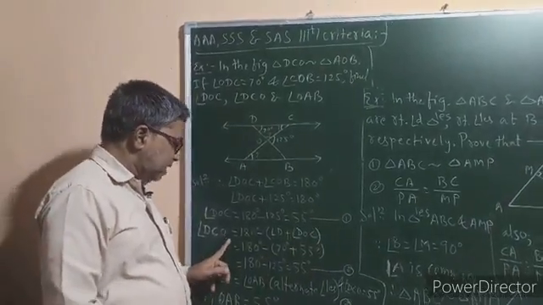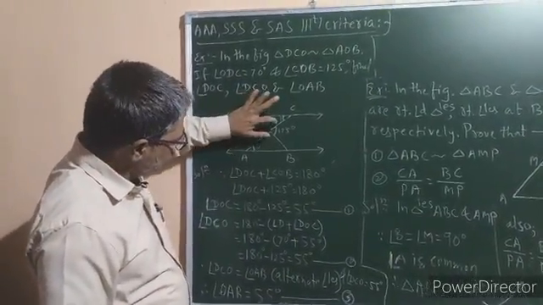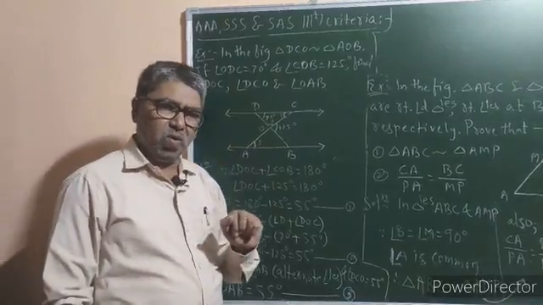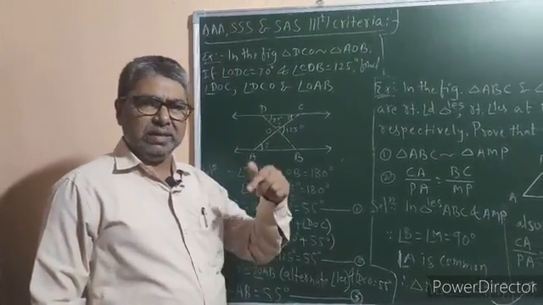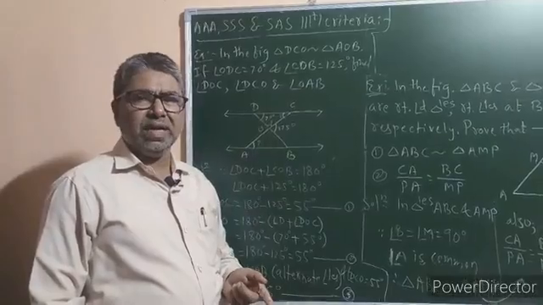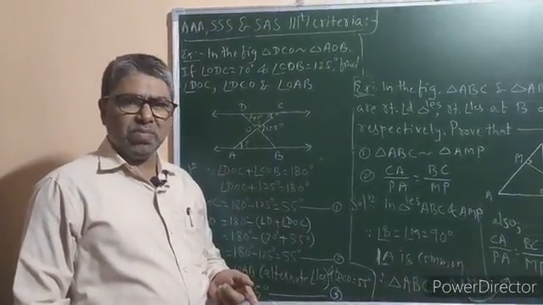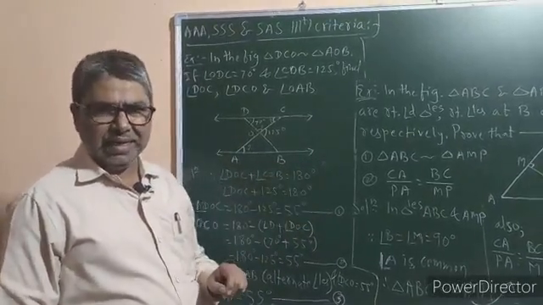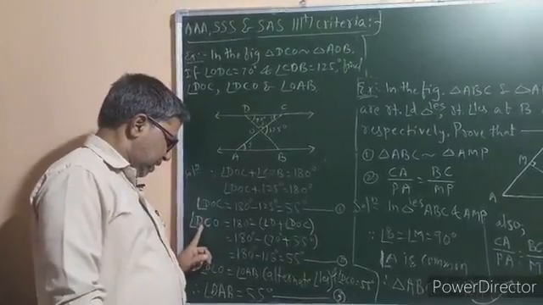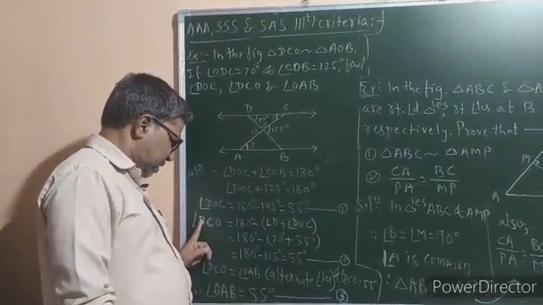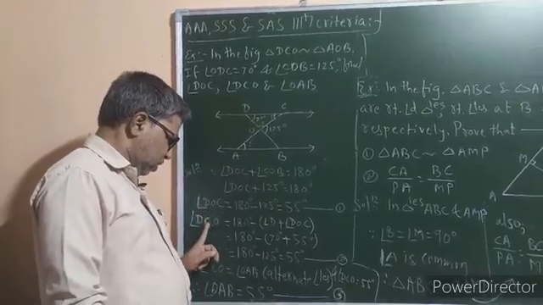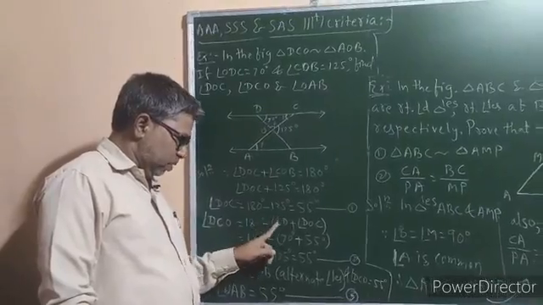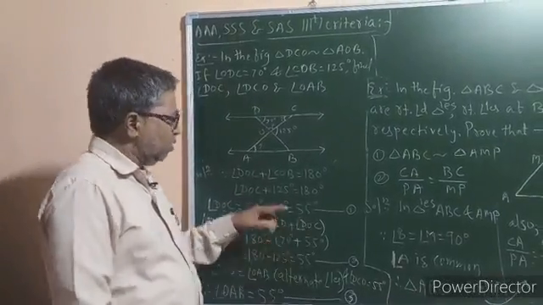Now angle DCO. In a triangle, if the measures of two angles are known, then the measure of the third angle can be easily found by subtracting the sum total of the two angles from 180 degrees. So in this way the measure of angle DCO is equal to 180 degrees minus into bracket angle D plus angle DOC.